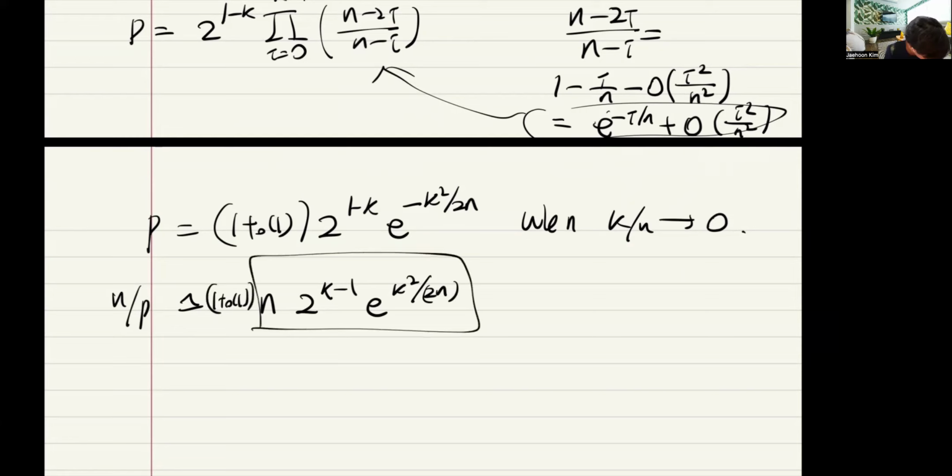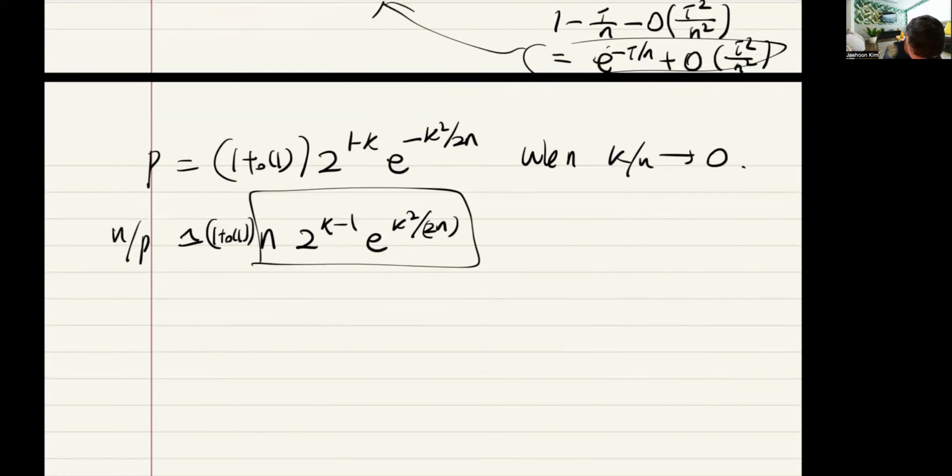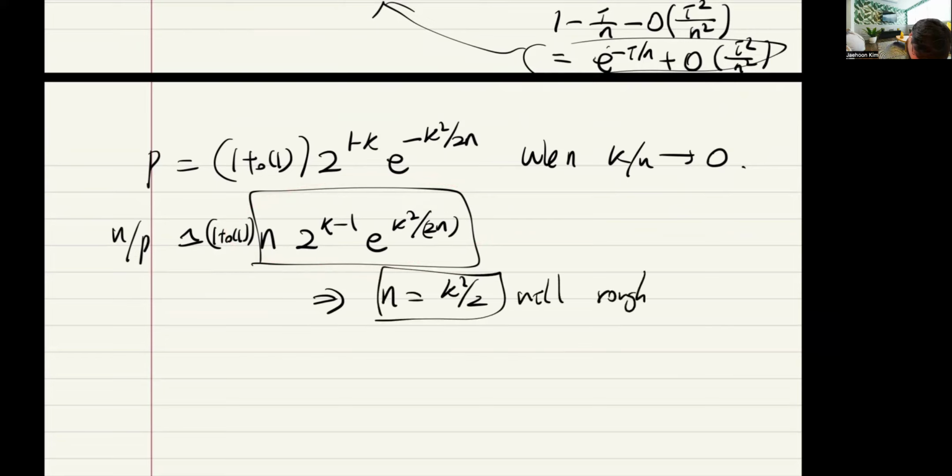We want to minimize this. You take the derivative of this in terms of k, then set the derivative to be 0 to minimize this, then roughly taking n to be k squared over 2 will roughly minimize this.